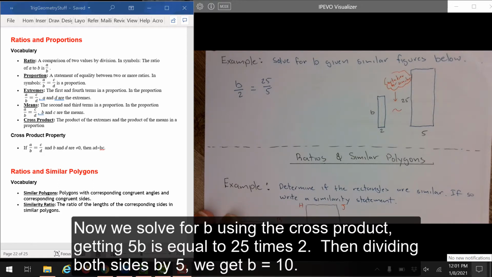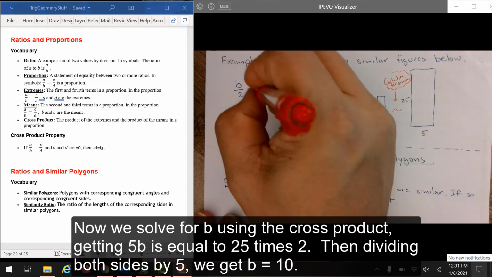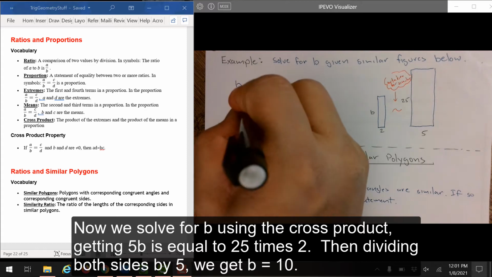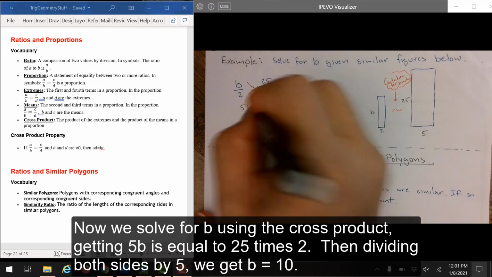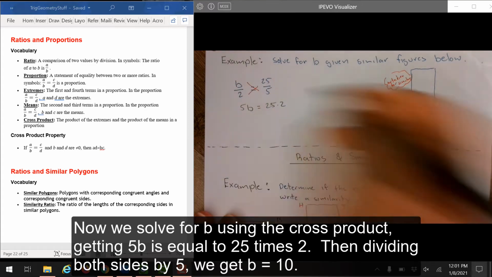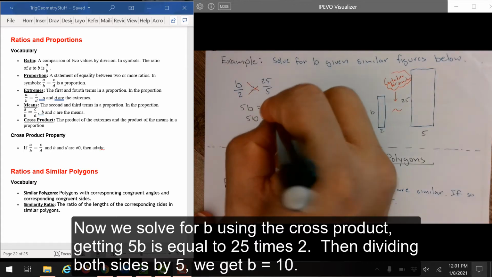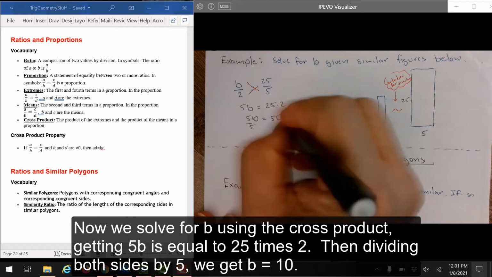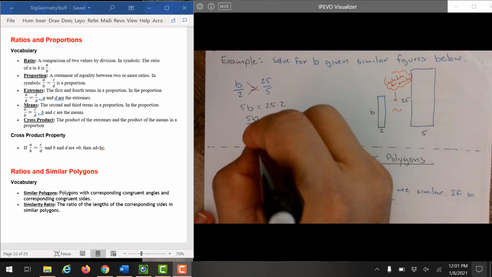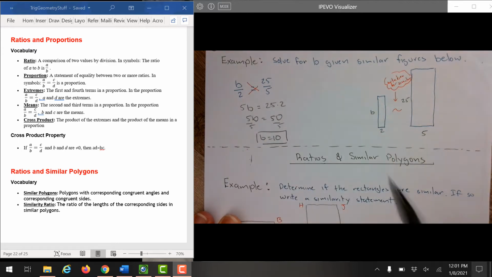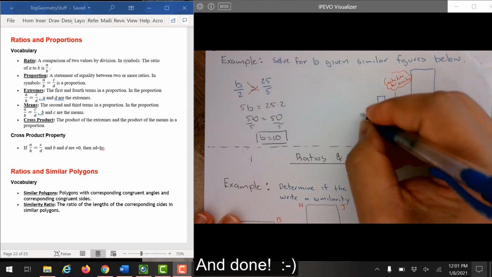Now we solve for b using the cross product, getting 5b is equal to 25 times 2. Then, dividing both sides by 5, we get b equals 10. And done.